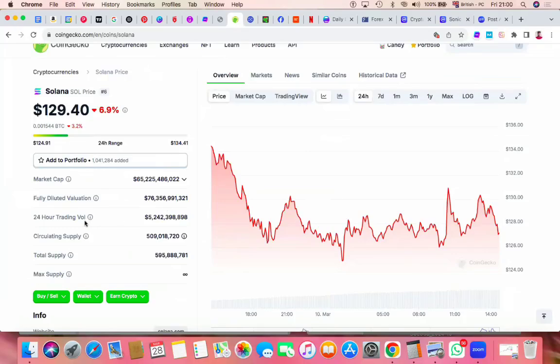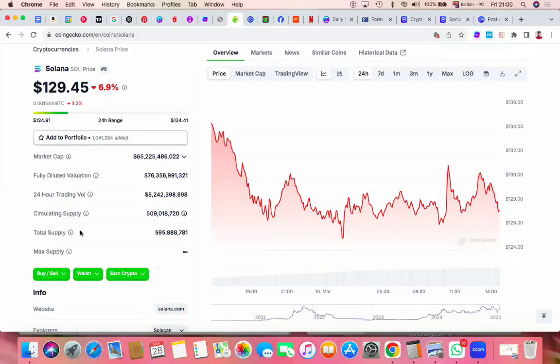In the 24 hours volume as well, we have the circulating supply of Solana, which is around 509 million Solana. And we have the total supply, which is the amount of Solana in total.